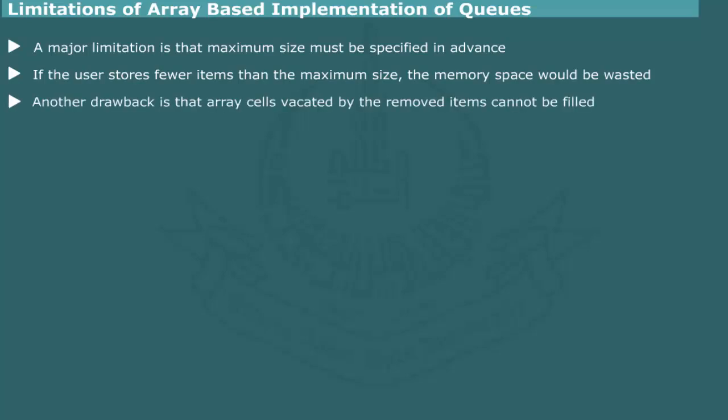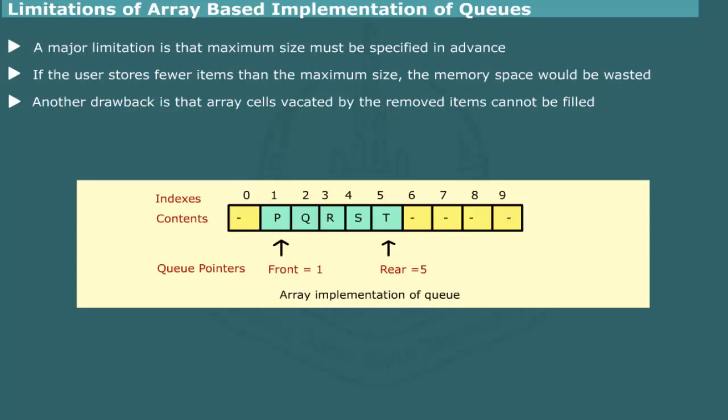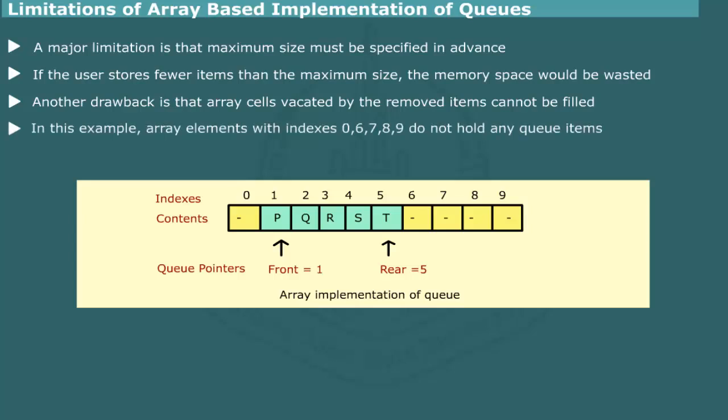Another serious drawback of the array-based scheme is that the slots created by removing of items from an array cannot be filled by the new incoming items. Consider the queue shown. In this example, the array elements with indexes 0, 6, 7, 8, and 9 do not hold any queue items.